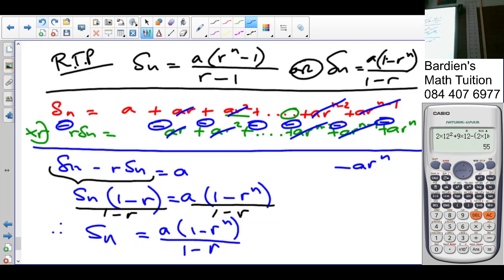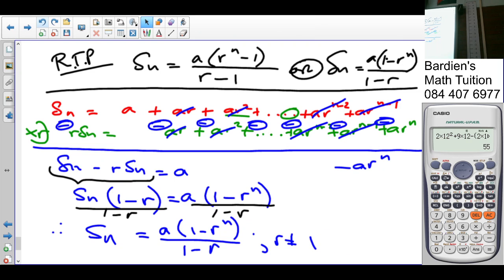There's a restriction here for r. What can r never be equal to? 1. Why? It will be undefined, not so? R also can't be 0. I'm not too sure about 0.